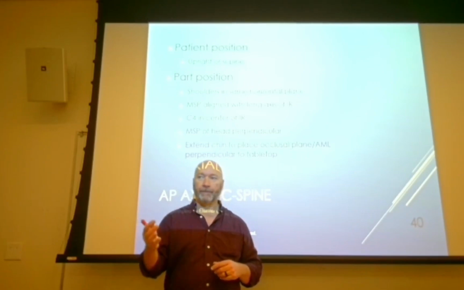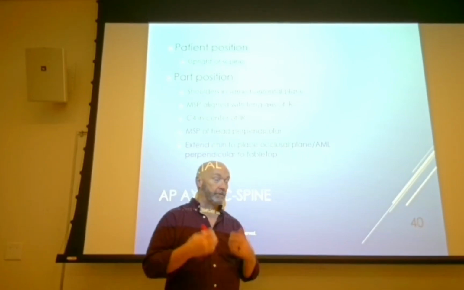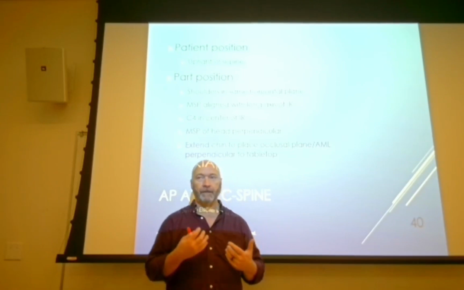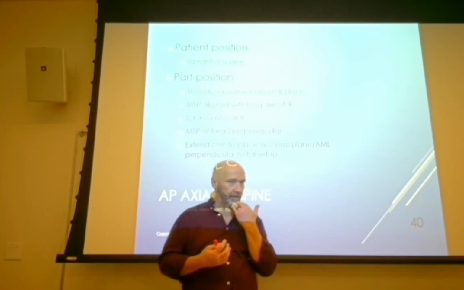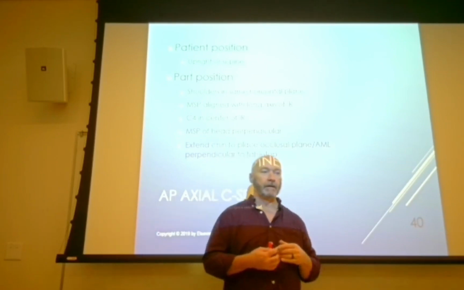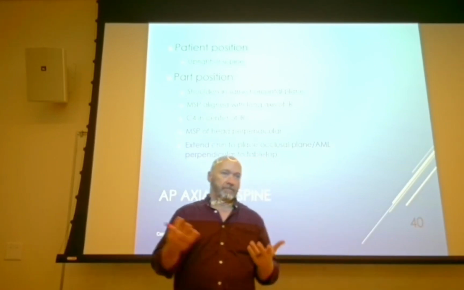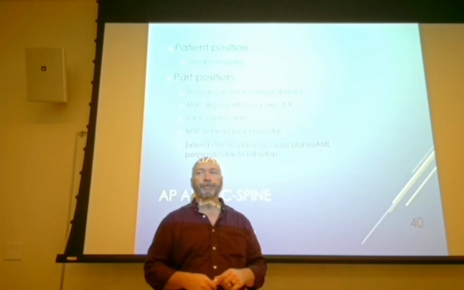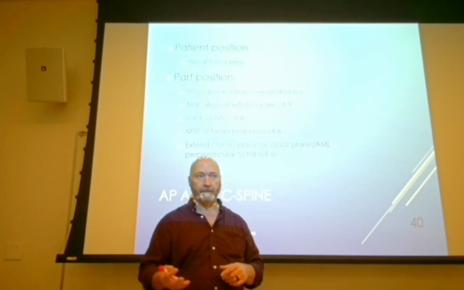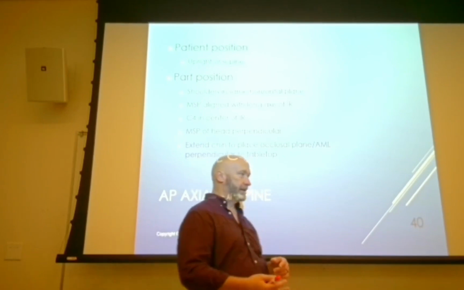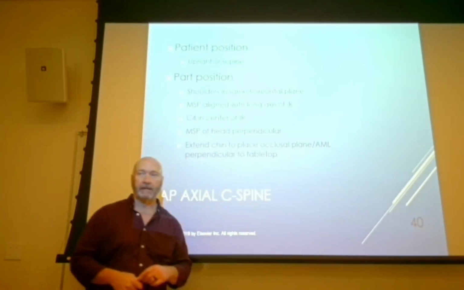But if you get a patient who's in a collar, you'll find their chin tucked way down inside the collar. You'll see them kind of twisted in the collar. Just shoot it as it is. You're not going to take the front of the collar off and straighten the patient up before you make the image. Just go ahead and shoot them as they are. Take what you can get.